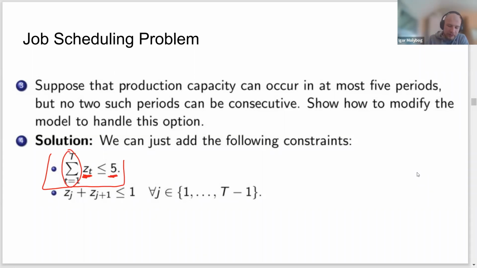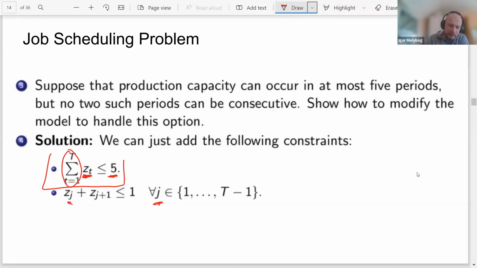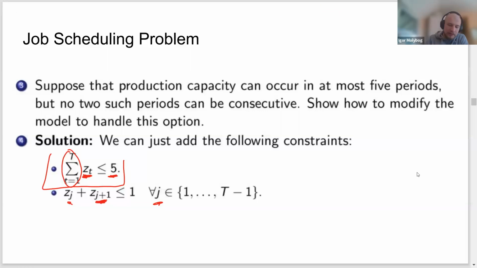And then for each j, we just need to ensure that between the time step j and the time step j plus 1, we only produce in one of them. So basically, we are saying that Z_j plus Z_{j+1} must be less than or equal to 1. It would be equal to 2 if we did produce something in both days.